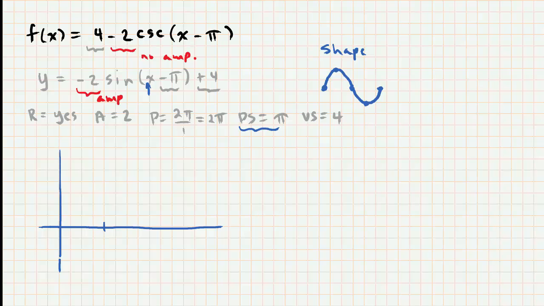So let's call that pi. And since the period is 2 pi, we are going to go to the right 2 pi in order to complete the first period, or the principal cycle, whatever you call it. I'm counting 4 of these little squares as pi radians. So now I've got a period of 2 pi right here.